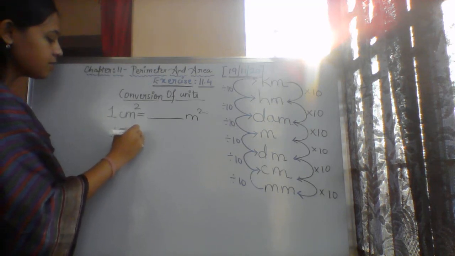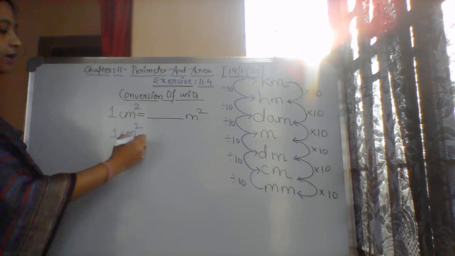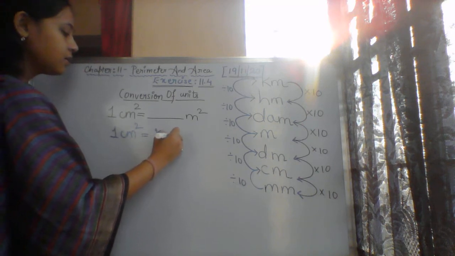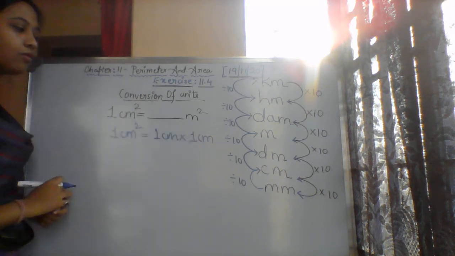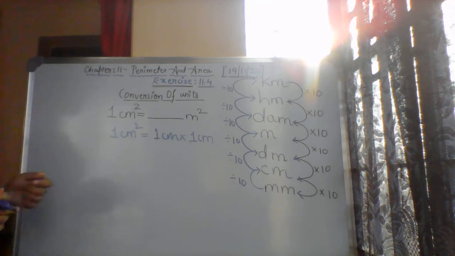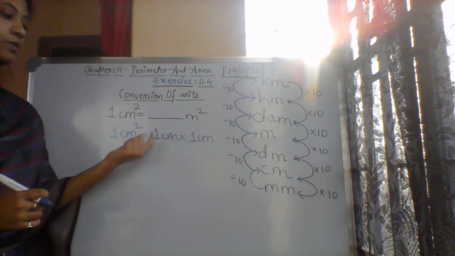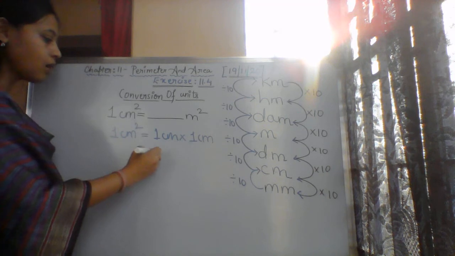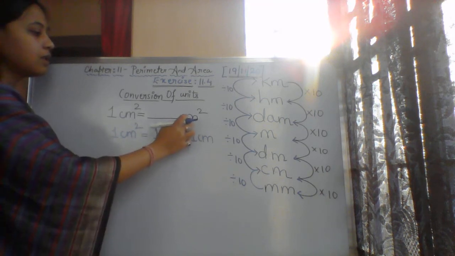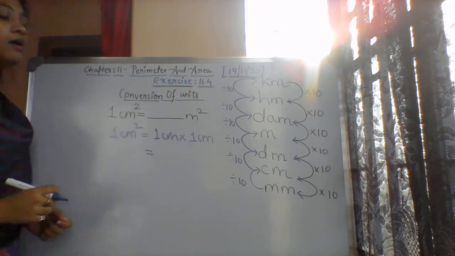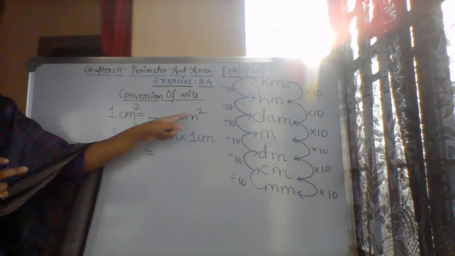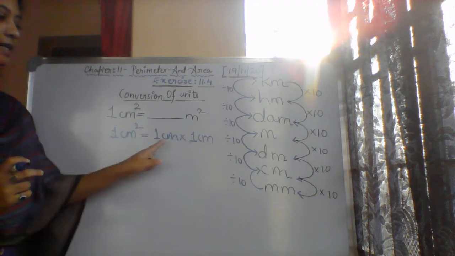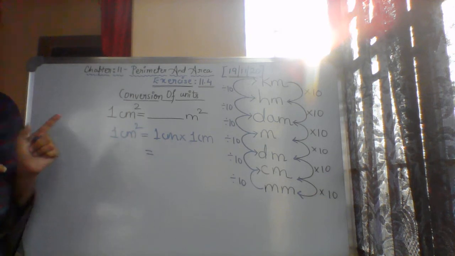So 1 centimeter square, can I write it as 1 centimeter into 1 centimeter? Same way, 1 into 1, 1 centimeter into centimeter, centimeter square. Now I want to get the answer in meter square, so each centimeter I will now convert into meter.